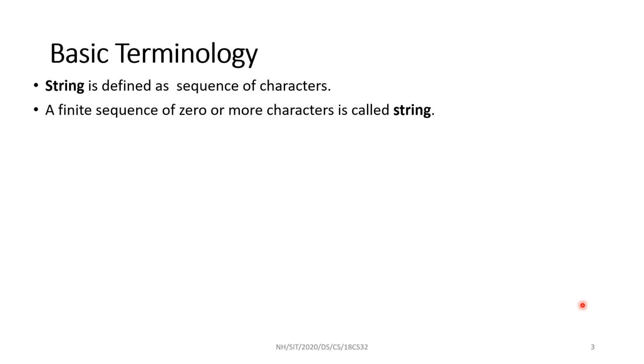It is also defined in this way: finite sequence of zero or more characters. A string with zero number of characters, no characters in the string, whose length will be zero, we call that a null string. Number of characters in the string is called the length of the string.